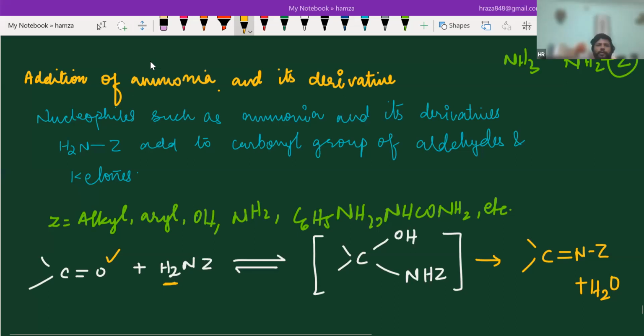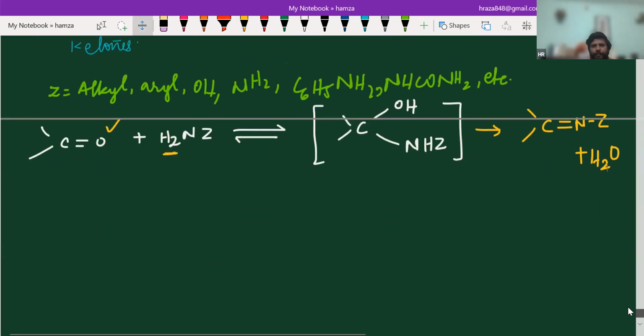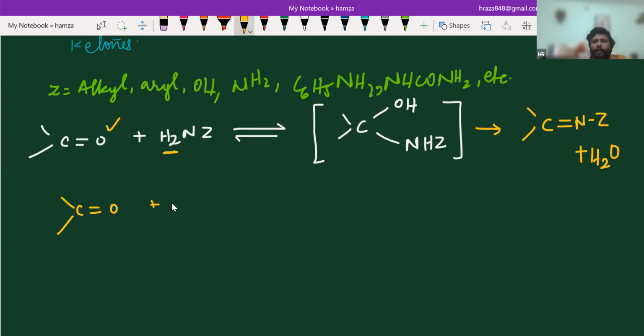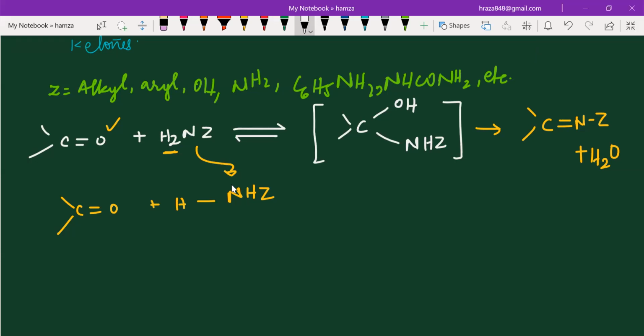Very good. So I'm going to explain this reaction. Have you understood or should I explain it? Same process is followed. As you can see, C double bond O, and then can I write this H and then NHZ? This will have negative charge, this will have positive charge.